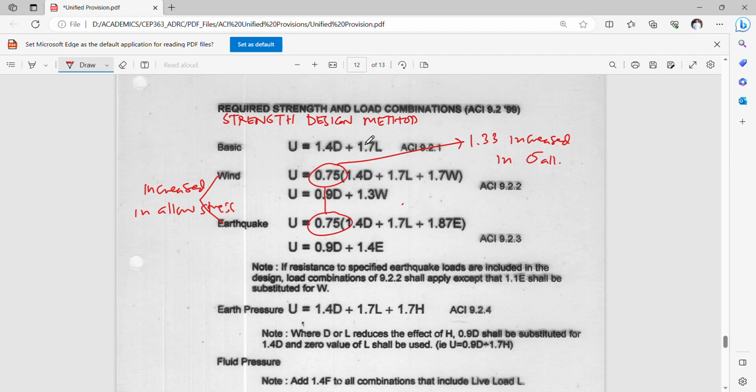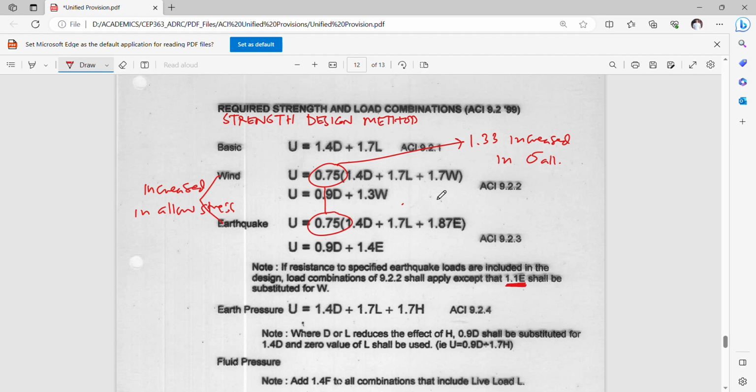Now, take note of this, that the application of a 10% increase is made on this particular ACI 99.